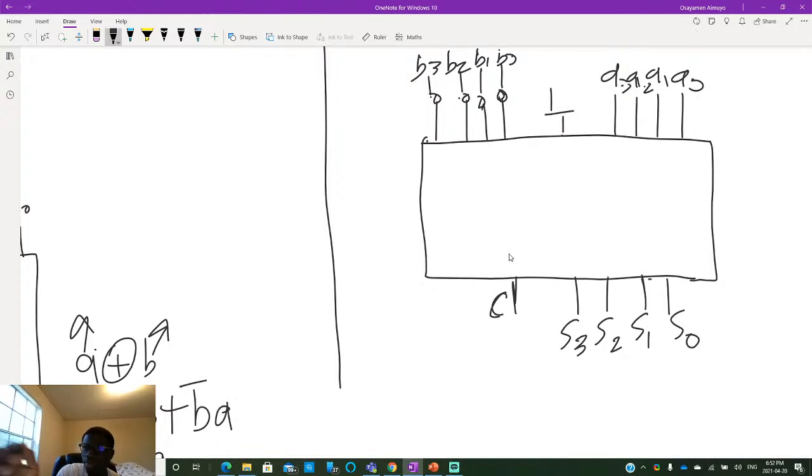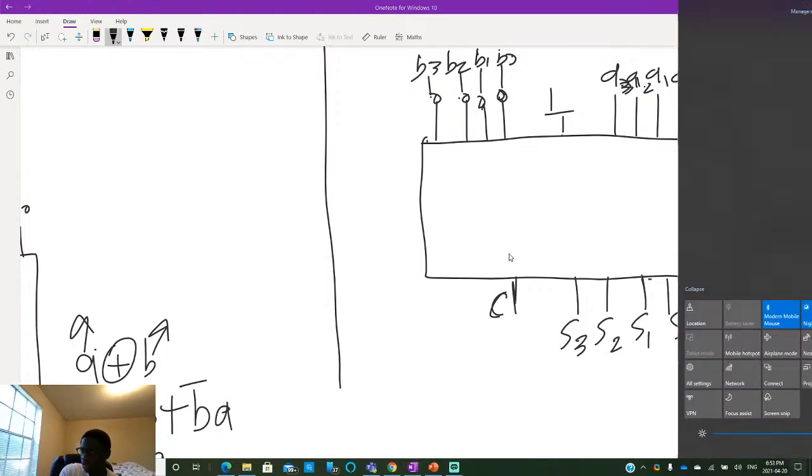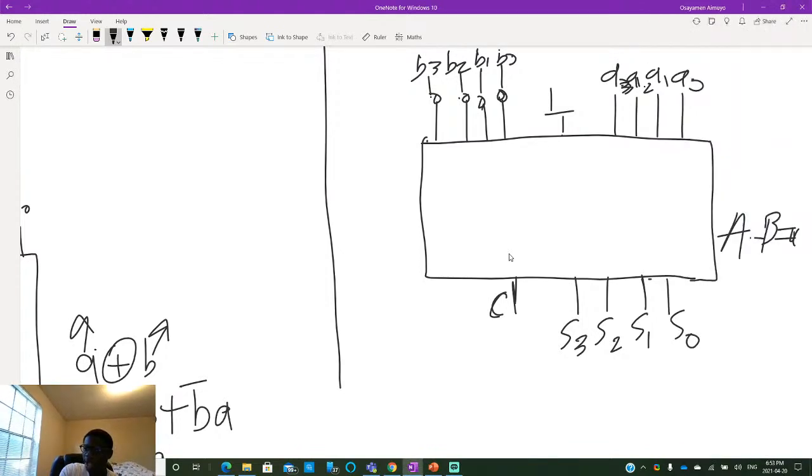Now remember, this is a subtractor. Notice that if A minus B equals 0, that implies that A equals B, right? So what do we do? We basically just OR all of these outputs together. I'll put a slash here with a 4 to represent that, using the previous notation.